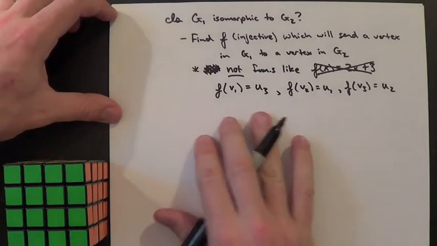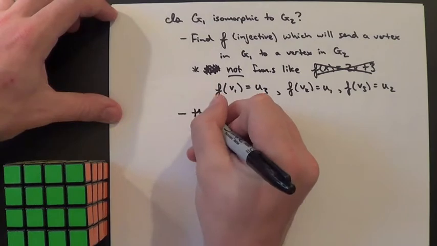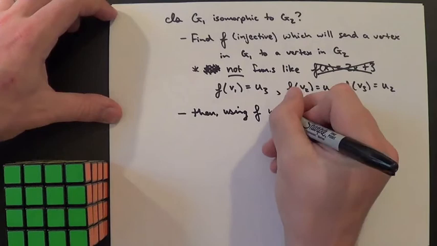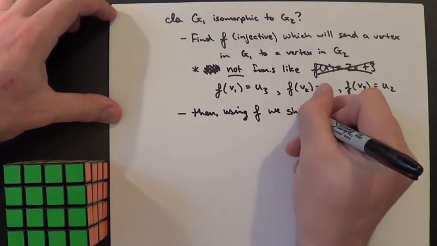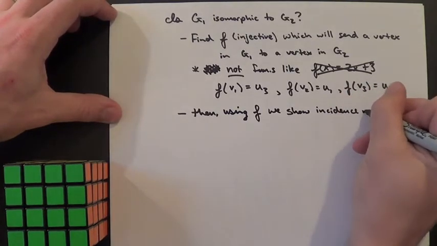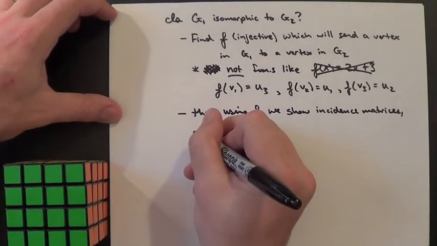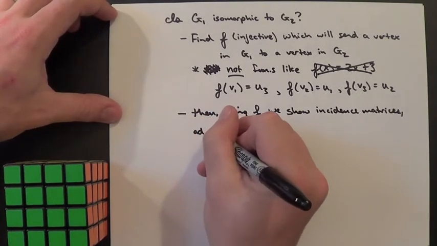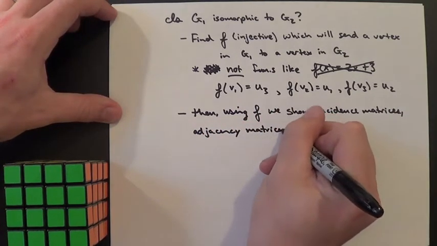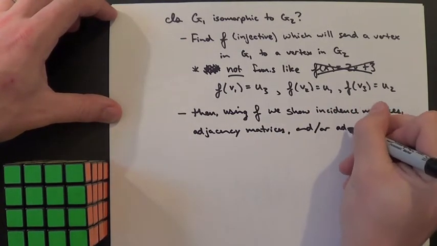So we can find this injective function, and then, using f, we show that the incidence matrices, adjacency matrices, and/or adjacency lists are the same.